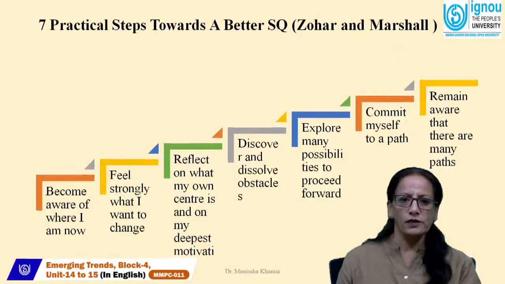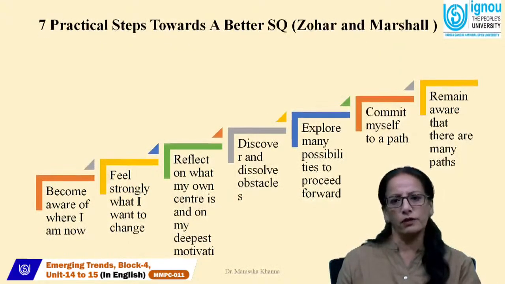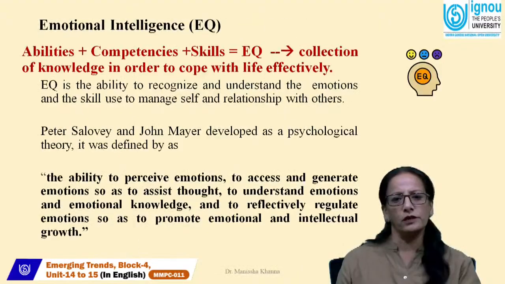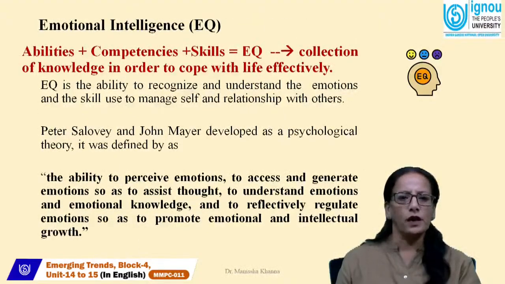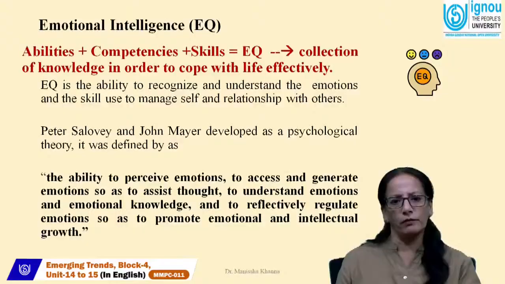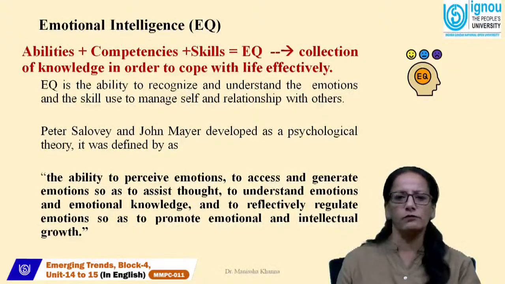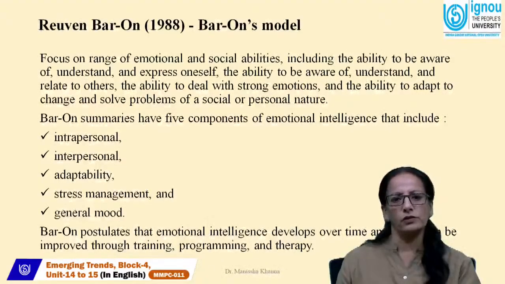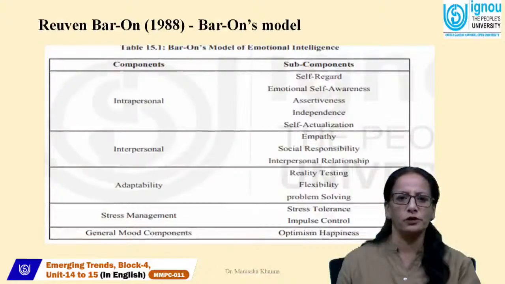So there are 7 practical steps given by Zohar and Marshall, which we mentioned here. There are different paths towards greater spiritual intelligence. The EQ is all about abilities, competence and skills, which we have discussed. There are the Bar-On models, which is on intrapersonal adaptability and stress management.